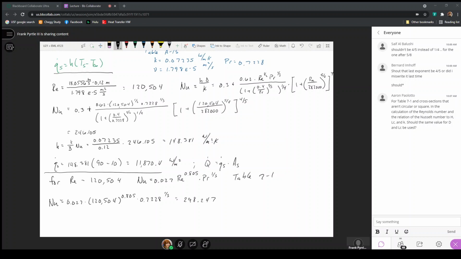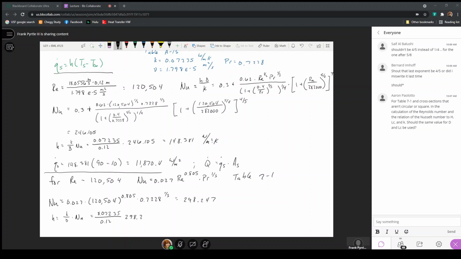So there's a difference here. A higher heat transfer coefficient will be calculated, based on the Nusselt number defined the same way, in that the heat transfer coefficient is still k over D times the Nusselt number. So the thermal conductivity is still 0.07235. The diameter is still 0.12 meters.